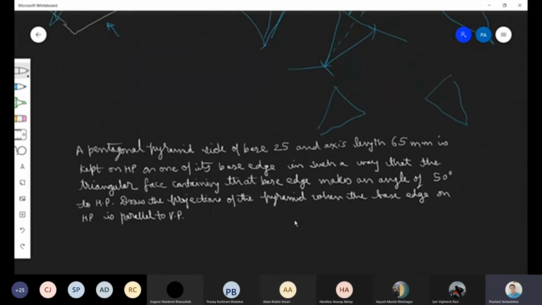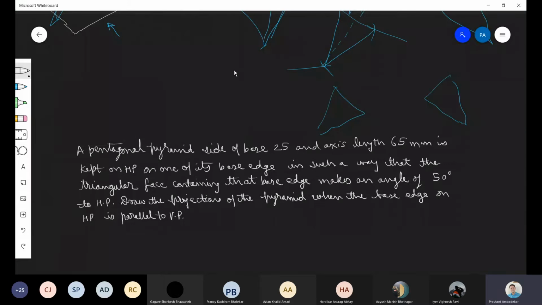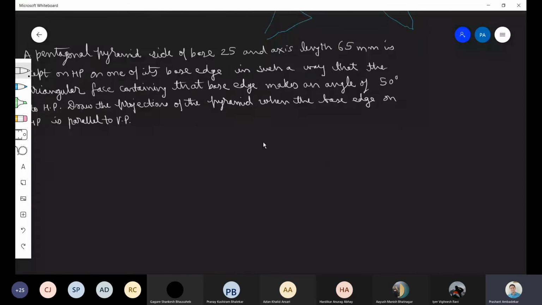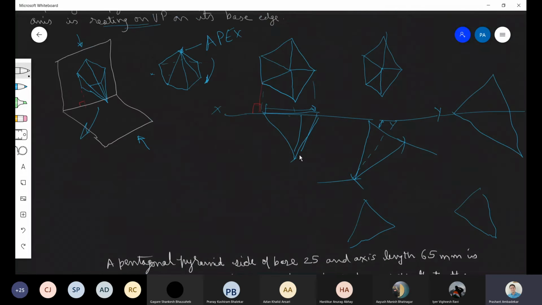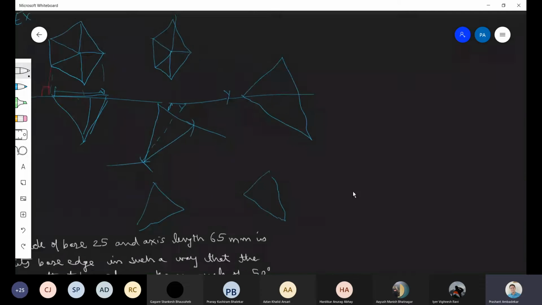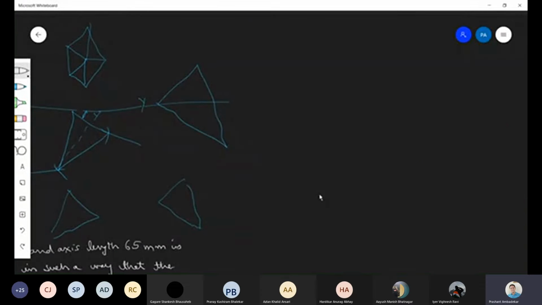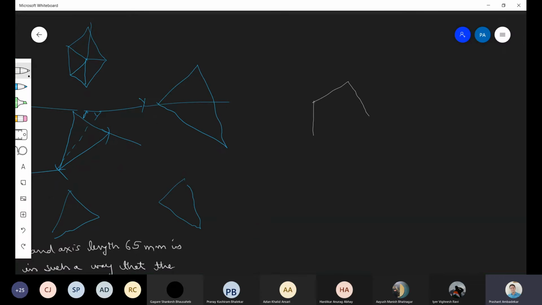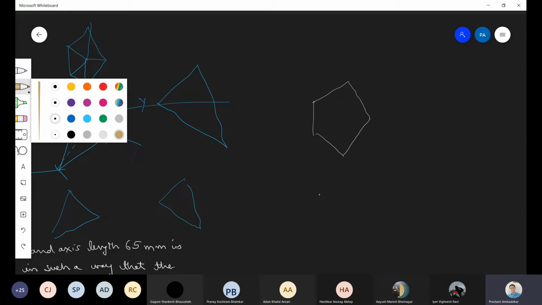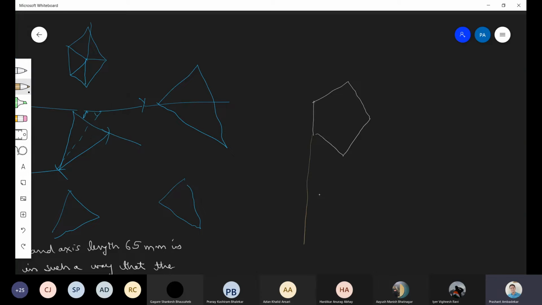Okay, before that someone asked me to explain this. इसका अपेक्स कैसे मिलेगा? ठीक है, तो ऐसा अगर पेंटागन ड्रॉ किया तो अपेक्स कैसे मिलेगा? See here. If I draw pentagon like this, it will be something like this, and unless and until you get apex, you cannot draw the projectors to obtain the apex.